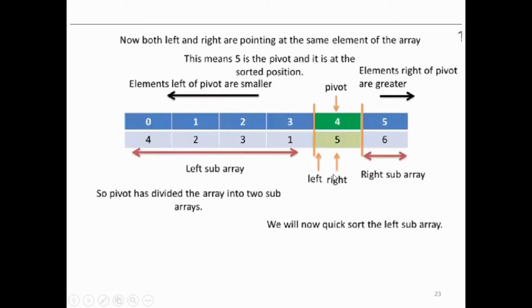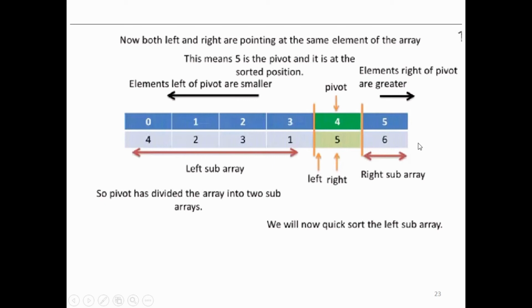On the left side of the sorted element there is an array, and on the right side there is another array. Now we have to sort first the left subarray and next the right subarray.